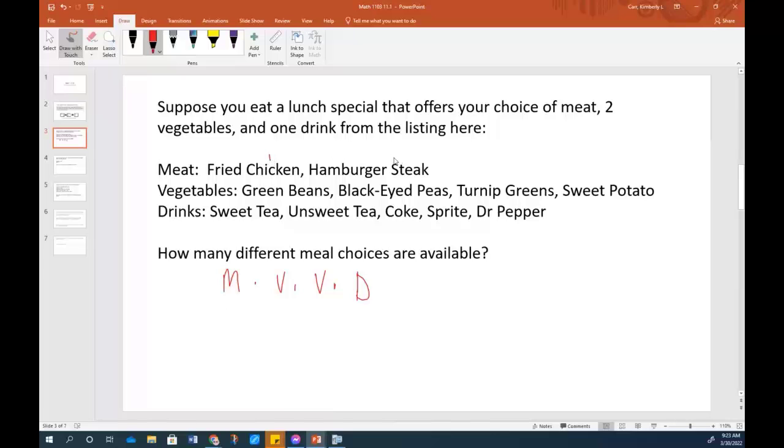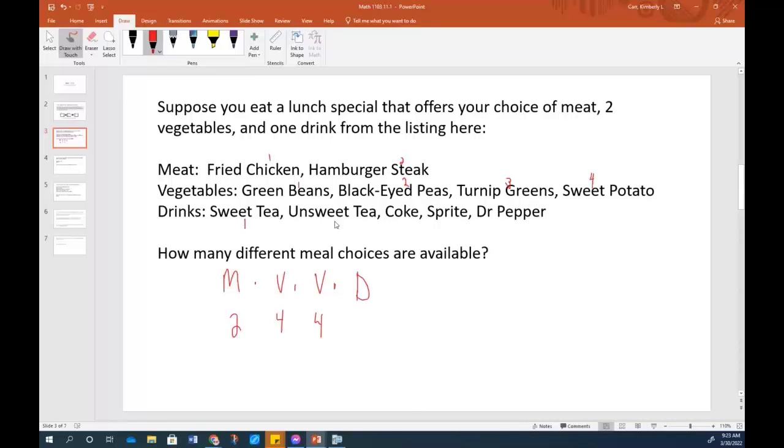So I have two possible meats. I have 1, 2, 3, 4 veggies. But even if I choose a veggie, I still have 4 veggies to choose from because I might just tell them, well, I'd just like a double serving of green beans. So I still have 4 options there. I can choose the same thing again.